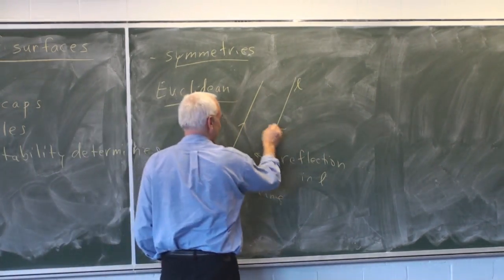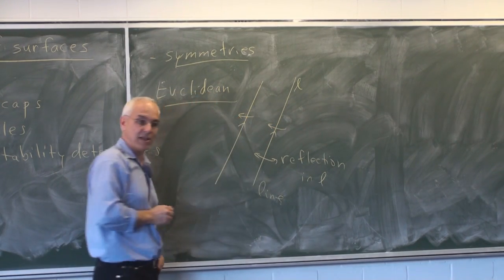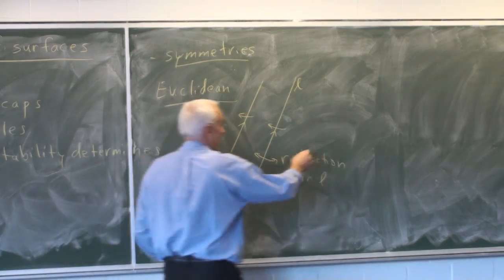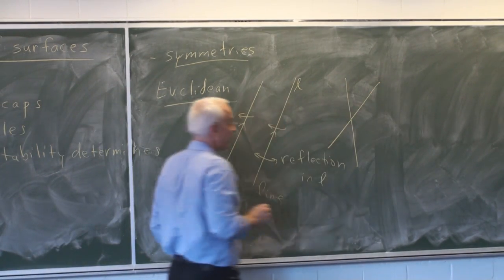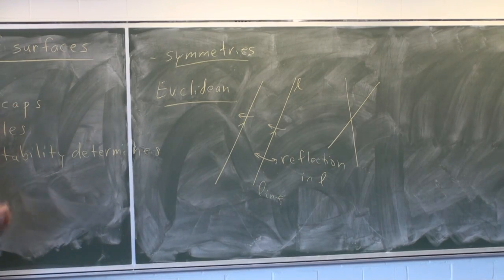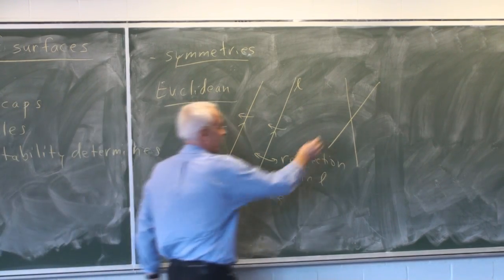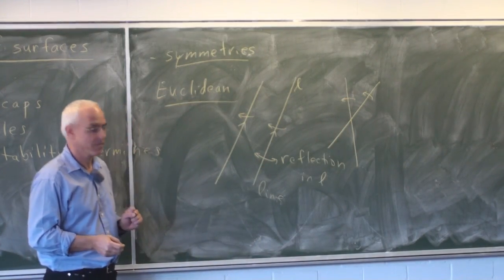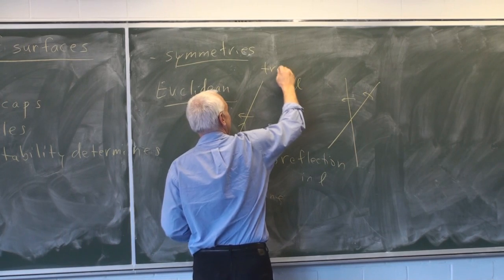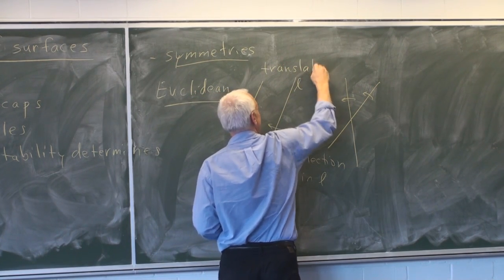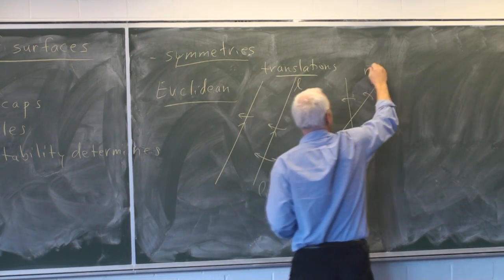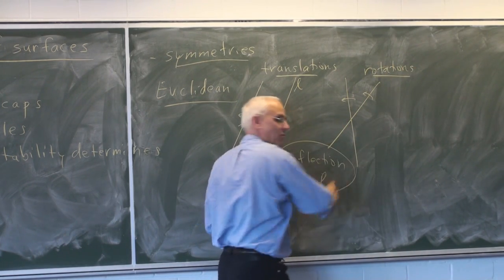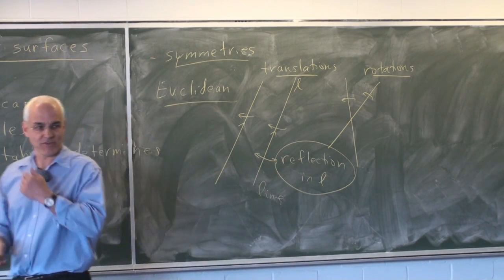So if you reflect first in a line like this, and then you reflect in a parallel line, then you get a translation. And if you reflect in two intersecting lines, say you reflect in this line and then reflect in this line, then you get a rotation. So translations and rotations are just composites of these perhaps more fundamental symmetries.